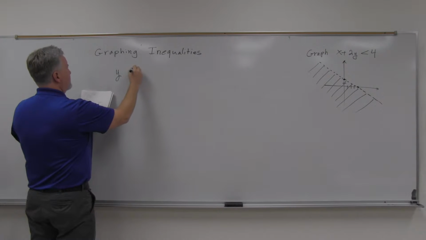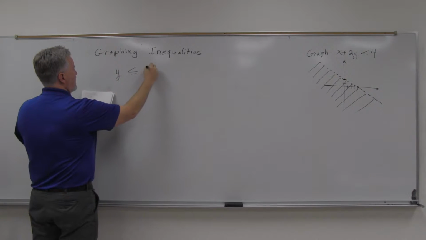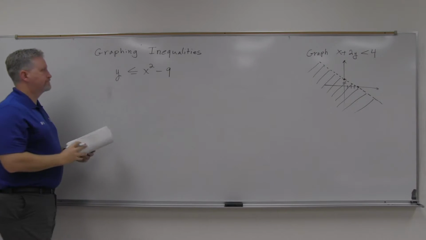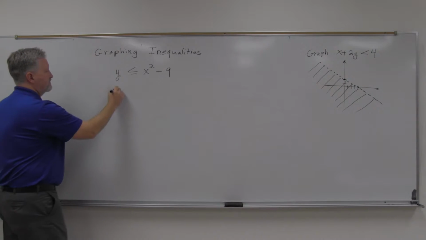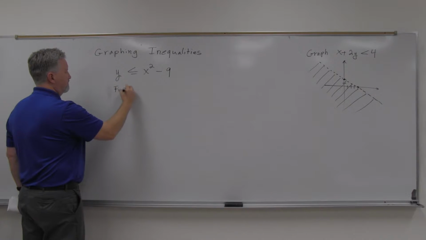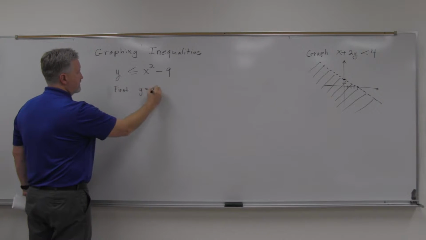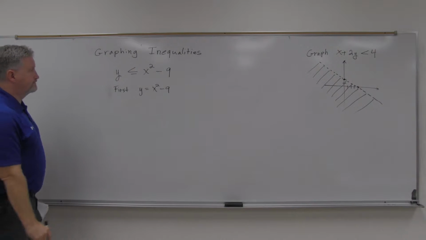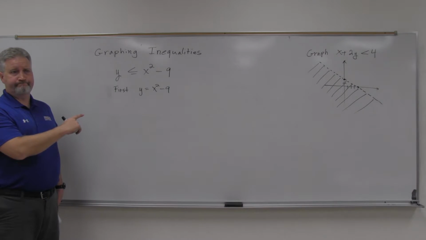If I have y is less than or equal to x squared minus 9, well, you first of all just graph the y equals x squared minus 9 graph. What shape is that? Parabola.